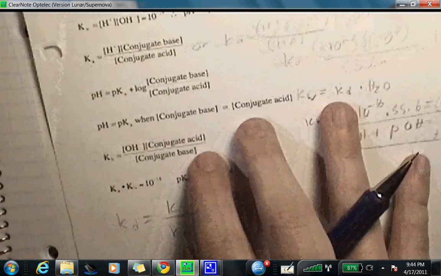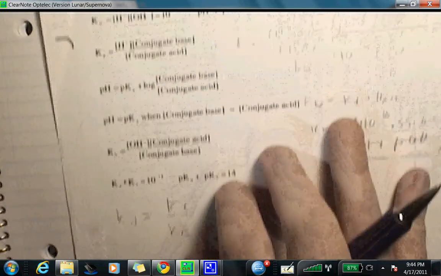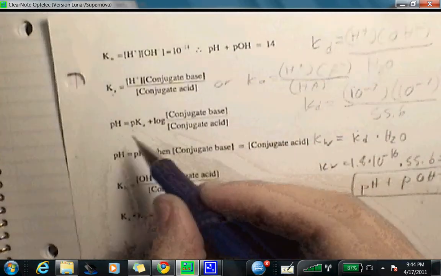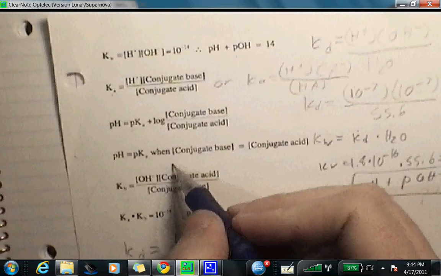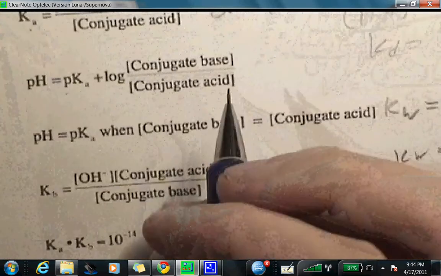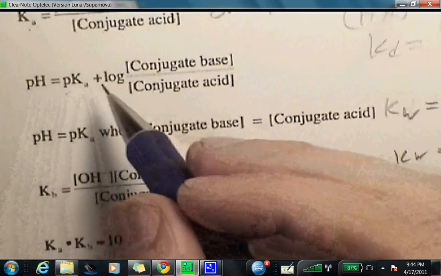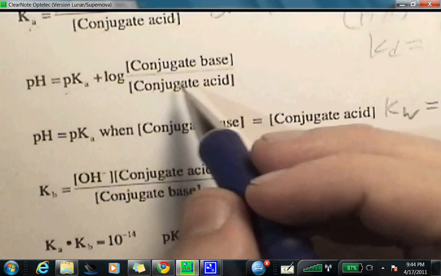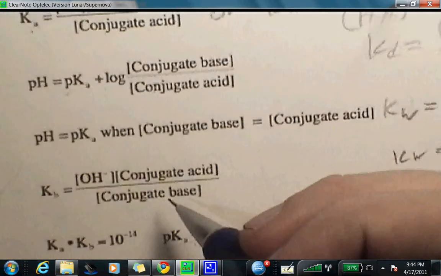is we're first going to draw a roadmap. We're going to do some manipulations with this equation, which is pH equals pKa plus log conjugate base over conjugate acid.